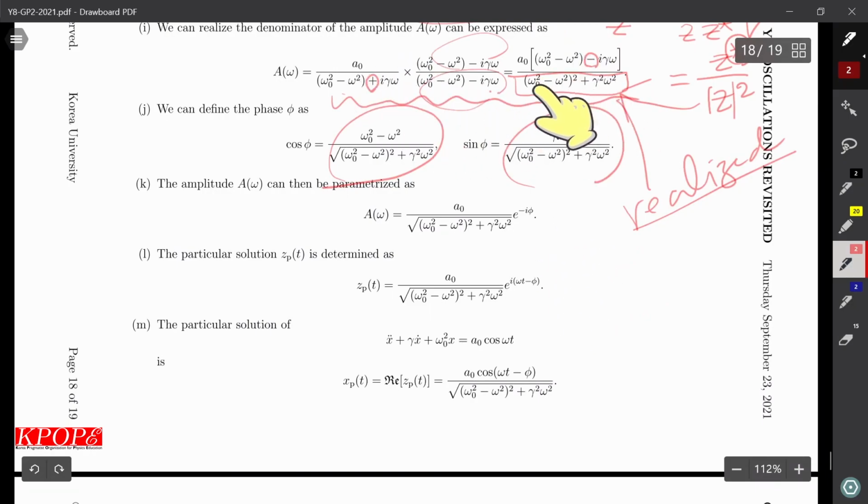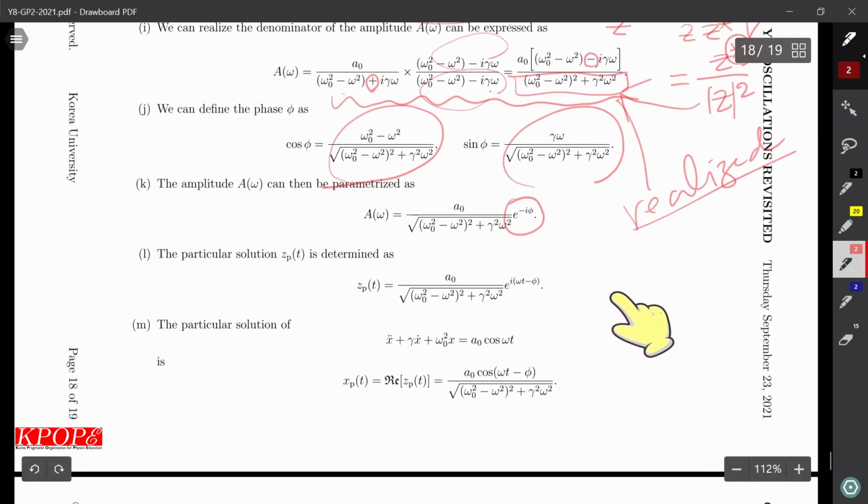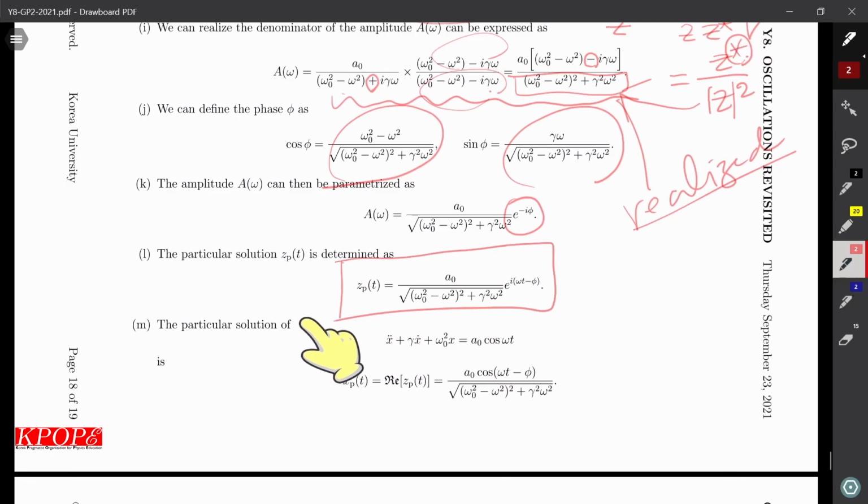After realizing the denominator, it is easy to determine the phase constant using this numerator vector. Finally, combining this result with the time-dependent factor, your particular solution is finally determined as this.